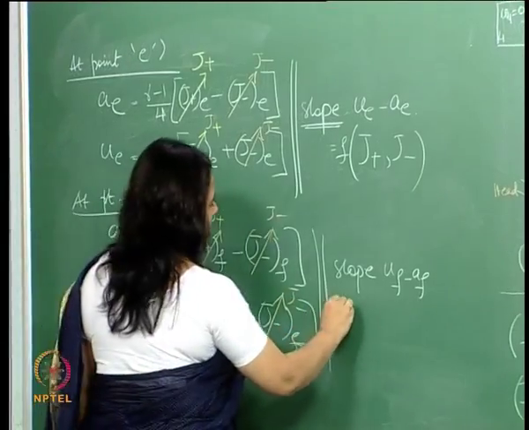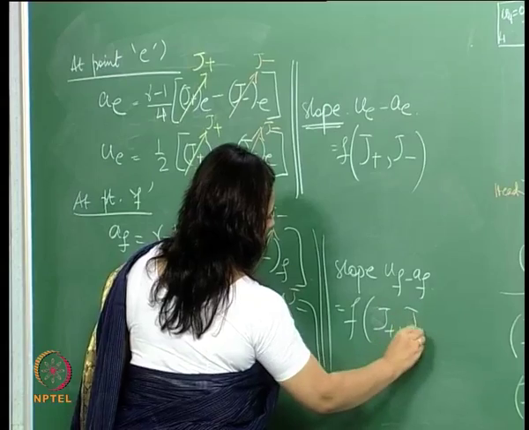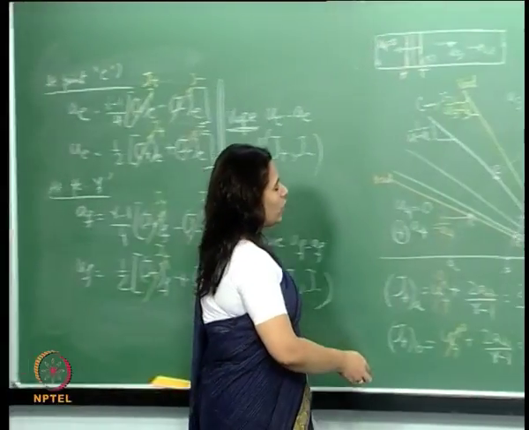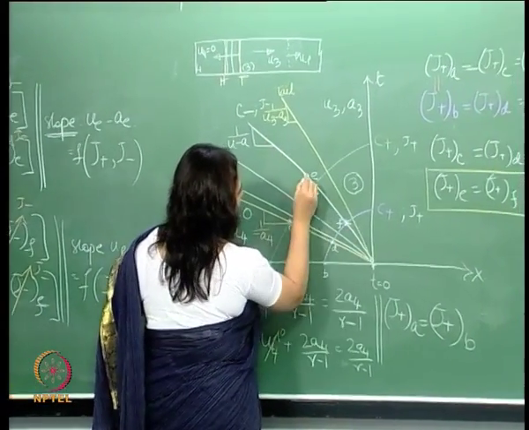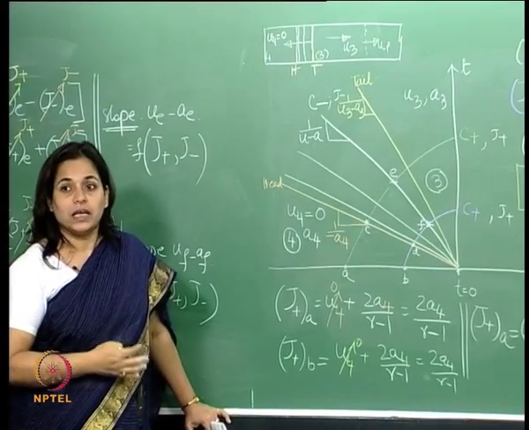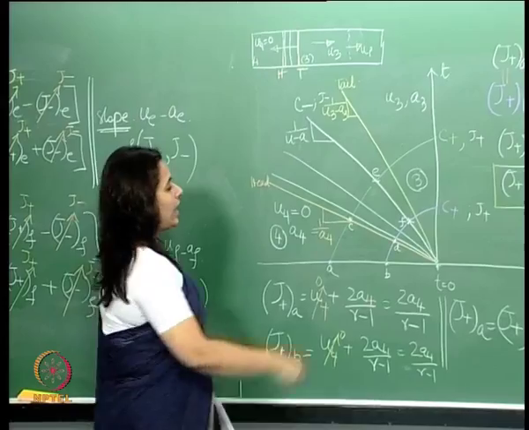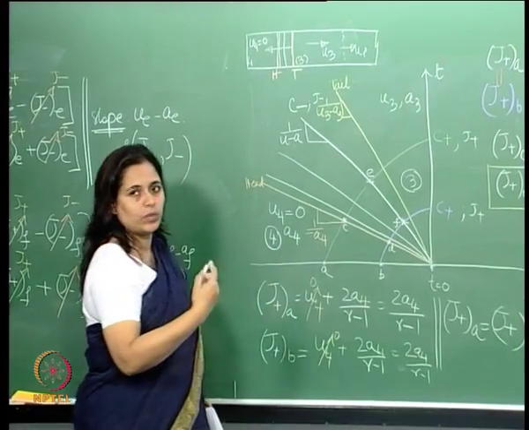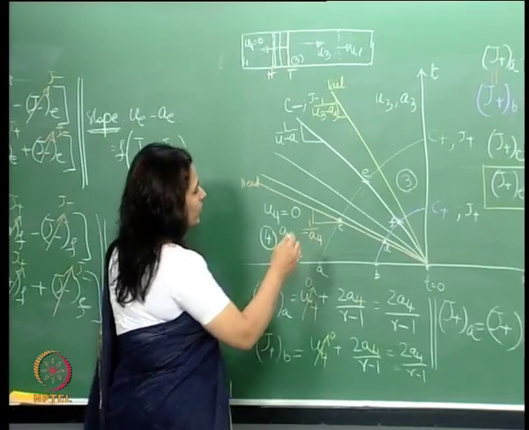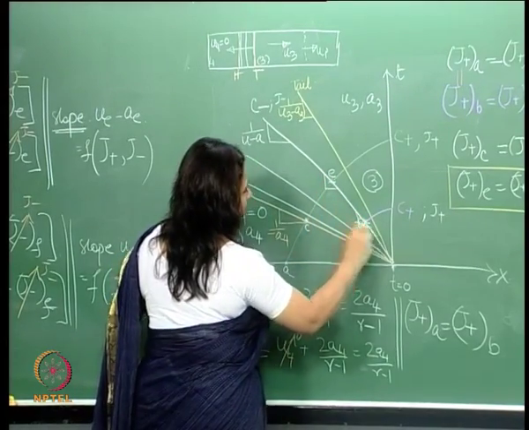Similarly, here this is also a function of J plus and J minus, essentially the same. Therefore, the slope at two arbitrary points of this C minus characteristic is the same, and therefore we can say that this is actually a straight line. I could take more than just two points, because these are arbitrary points. What we were able to prove is that the slope here is the same as the slope here.